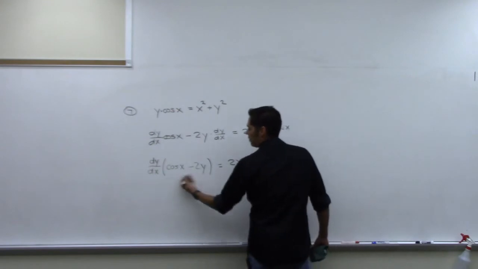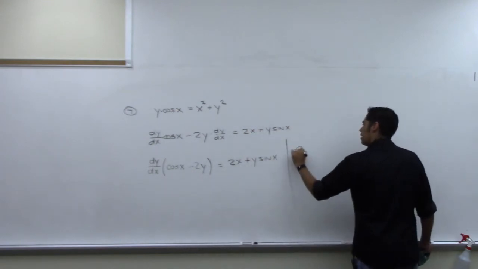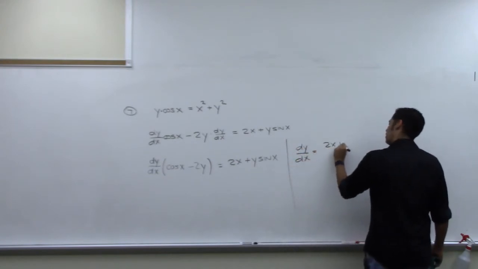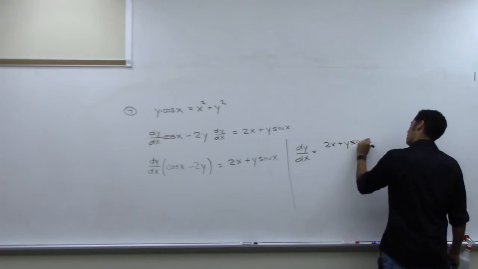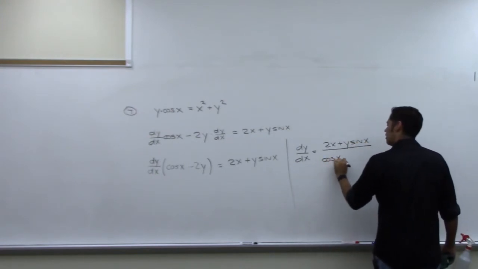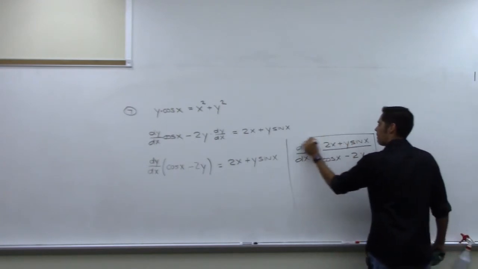And then I will divide both sides by this. So my final result will be dy dx equals 2x plus y sine x over cosine x minus 2y. There we go.